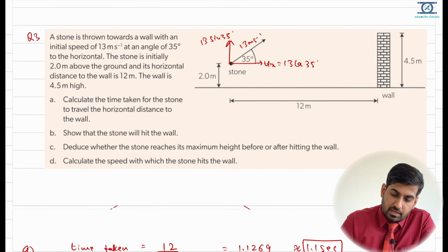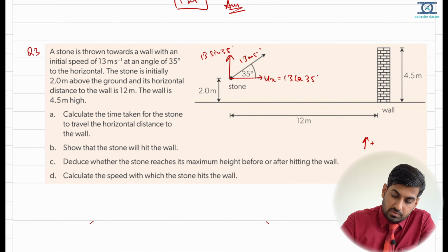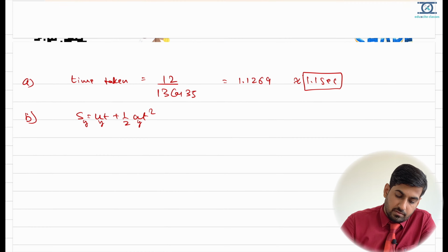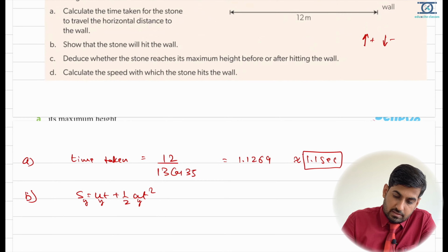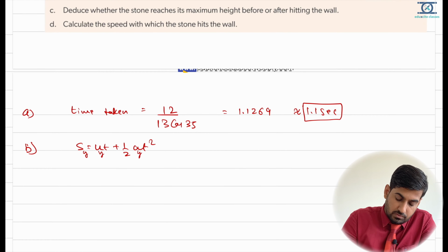So here I am taking again the upward direction as positive, downward will be negative. So as I have to find out, uy is 13 sine 35 in the upward direction. Now for the time I have already calculated in the above part, don't take the rounded off value, it will add up to your errors.